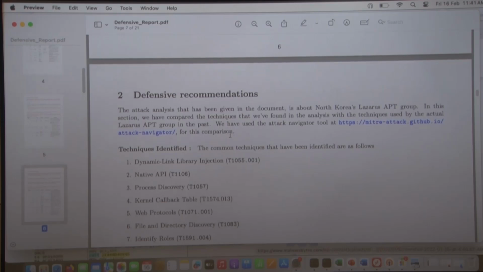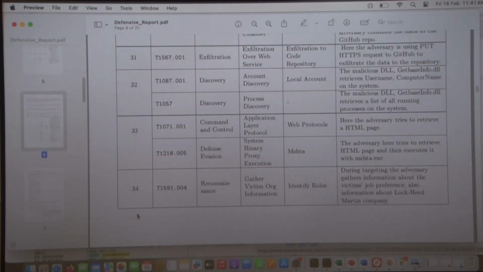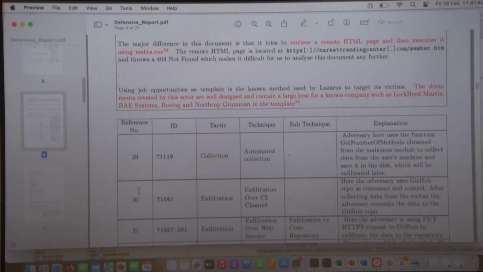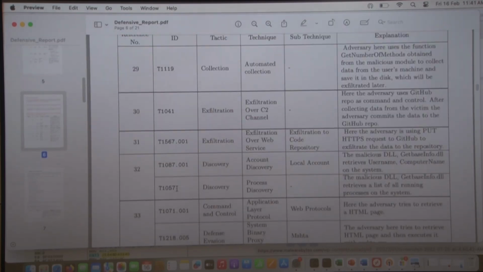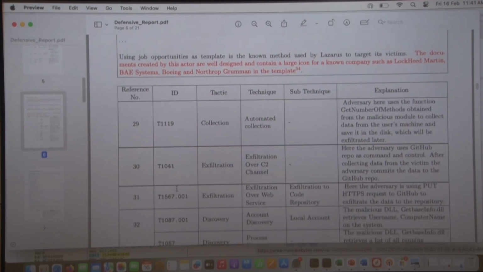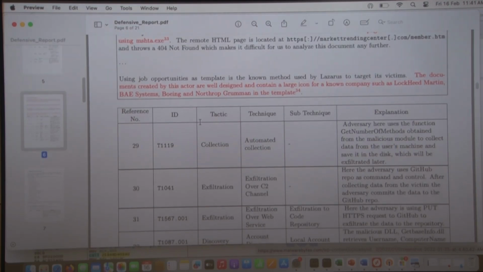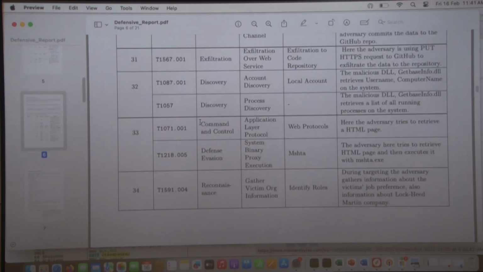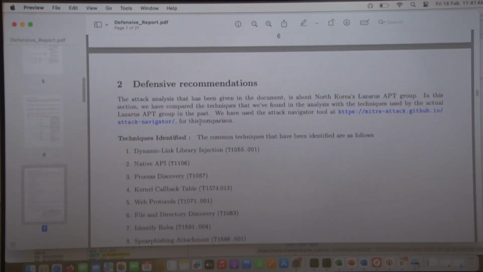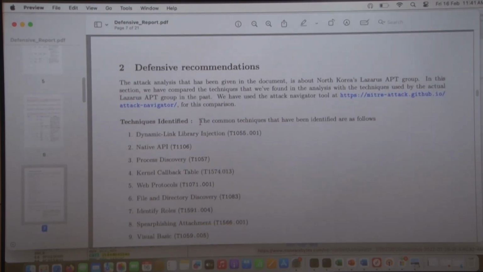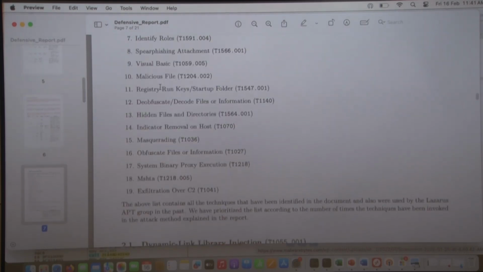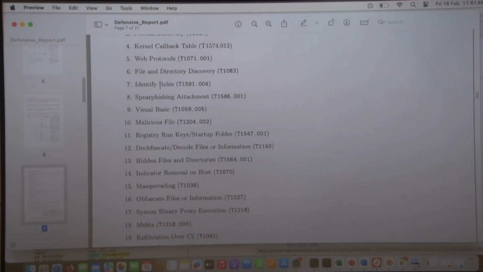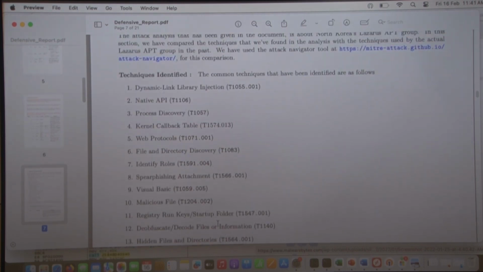Once we are done with the whole set of techniques, till here we identified a total of 34 TTPs, some of which might be duplicating or repeating earlier parts of the report. Once we understand this set of TTP techniques implemented by the attacker, we can go on. There are 19 techniques which we tested for this specific attack.